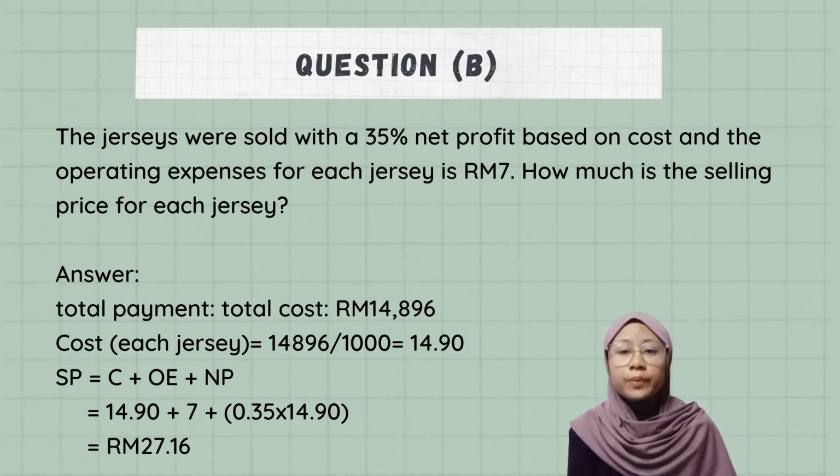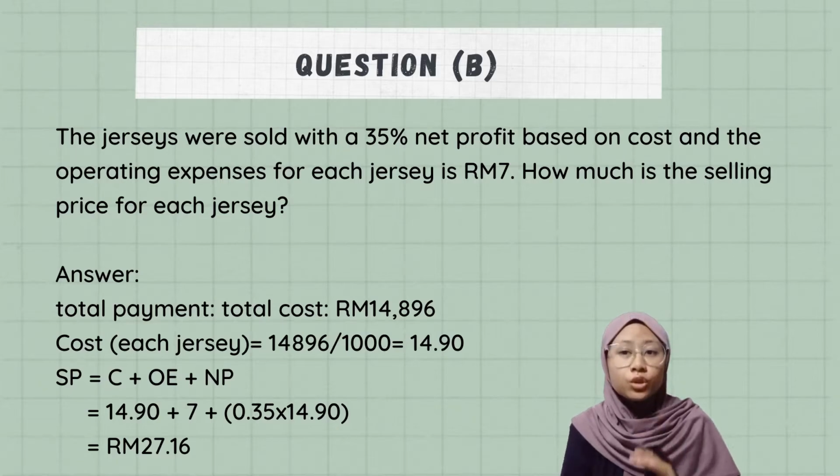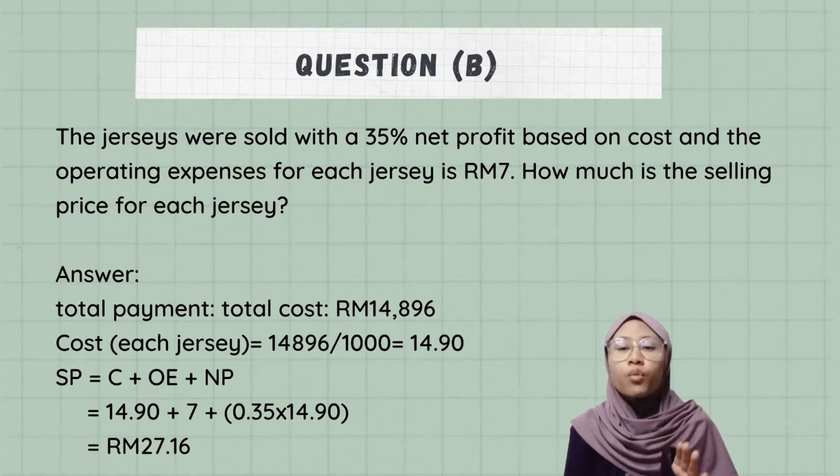So the answer, first we need to find the cost for each jersey. The total cost is 14,896 ringgit, right? So we need to divide it by 1000, and we get the cost for each jersey is 14 ringgit 90 cent. Next we can find the selling price for each jersey.